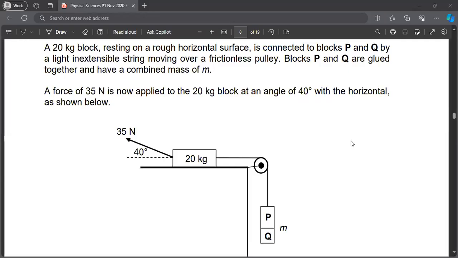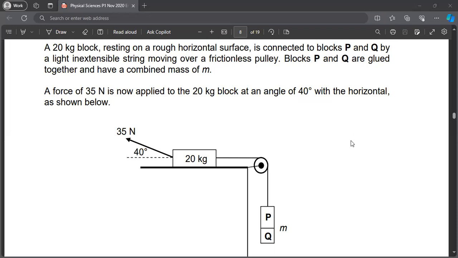So the focus for today is on the application of Newton's first law of motion. So let's see this situation. It says a 20 kg block resting on a rough horizontal surface is connected to blocks P and Q by a light inextensible string moving over a frictionless pulley.